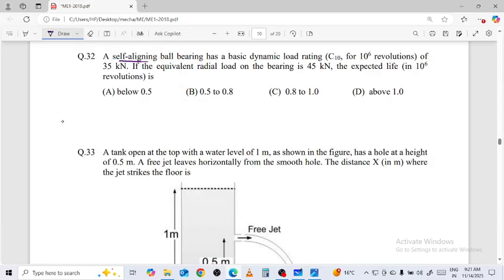Self aligning ball bearing has a basic dynamic load rating for 10 raised to power 6 revolutions of 35 kilonewton.